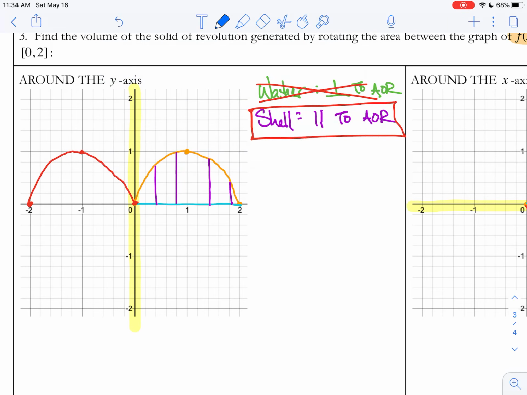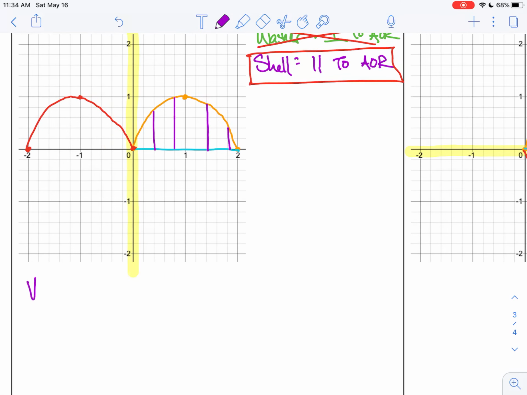All right, so let's set up our shell method here. So volume equals 2 pi, the integral from a to b of radius times height dx. Now I know it's dx because my radii are going out this way, and so that means I need dx. All right, that means I can fill in my bounds as 0 to 2.